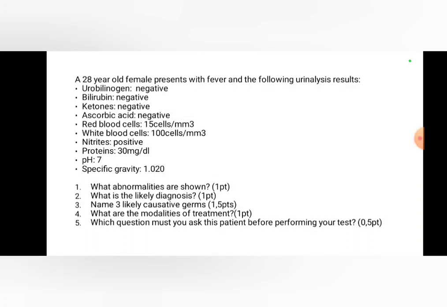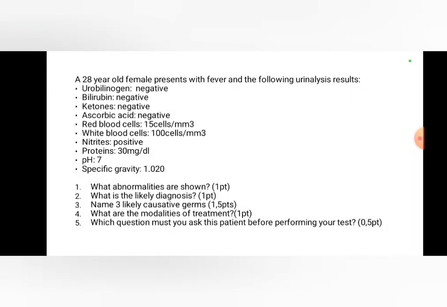The answer is because when you have a high conjugated hyperbilirubinemia, it is mostly a result of post-hepatic jaundice, meaning that the bilirubin is not going into the gastrointestinal tract. Since the bilirubin is not going into the gastrointestinal tract, all the conjugated bilirubin is going to be lost in the urine.